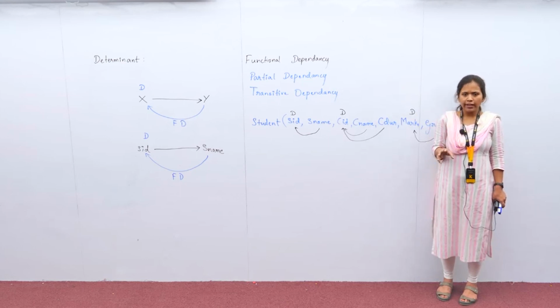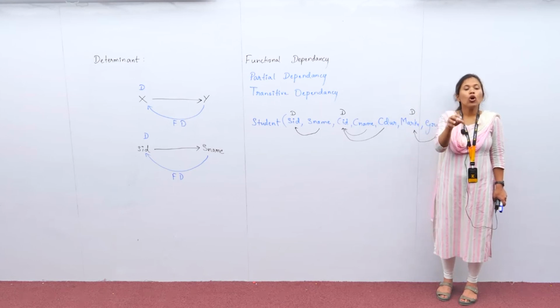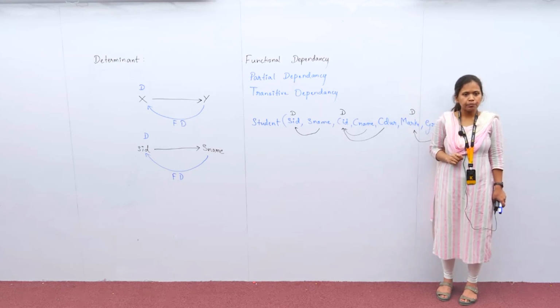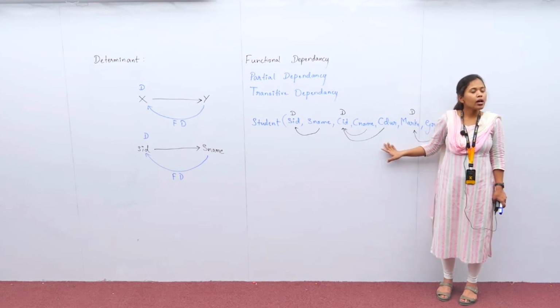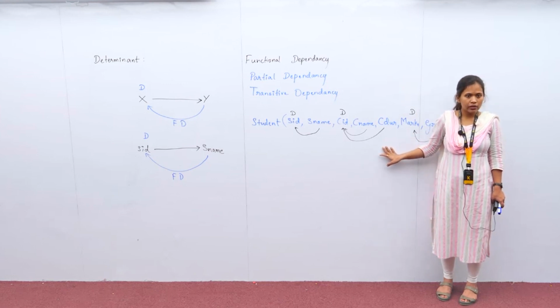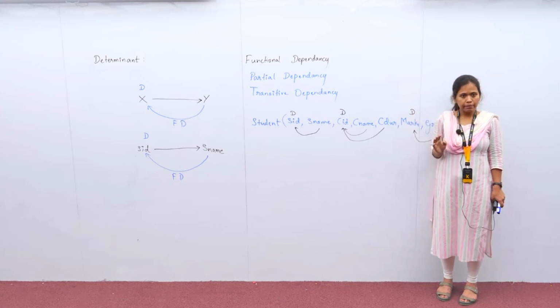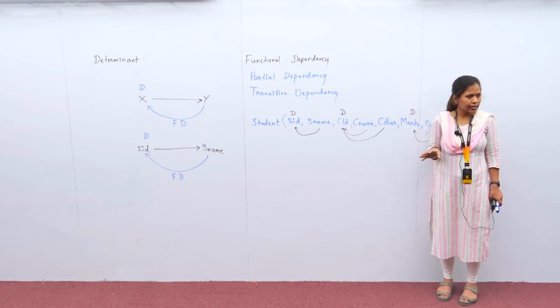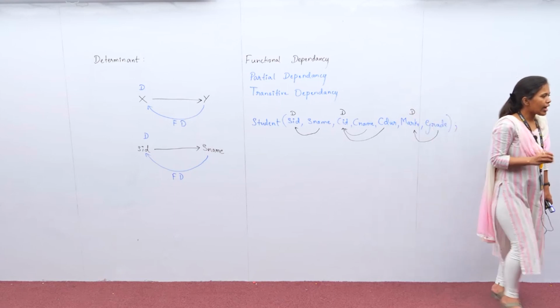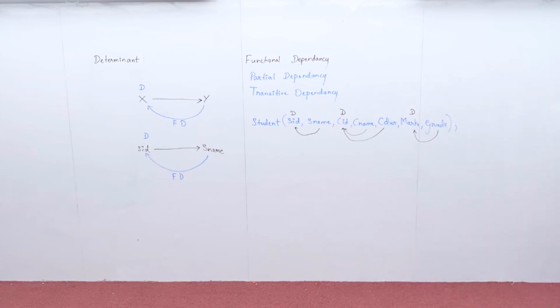But first, you should understand what is partial dependency. Is this clear to everyone? This is what you mean by partial dependency. Kindly keep this in mind. Online students, I hope all of you understood partial dependency.